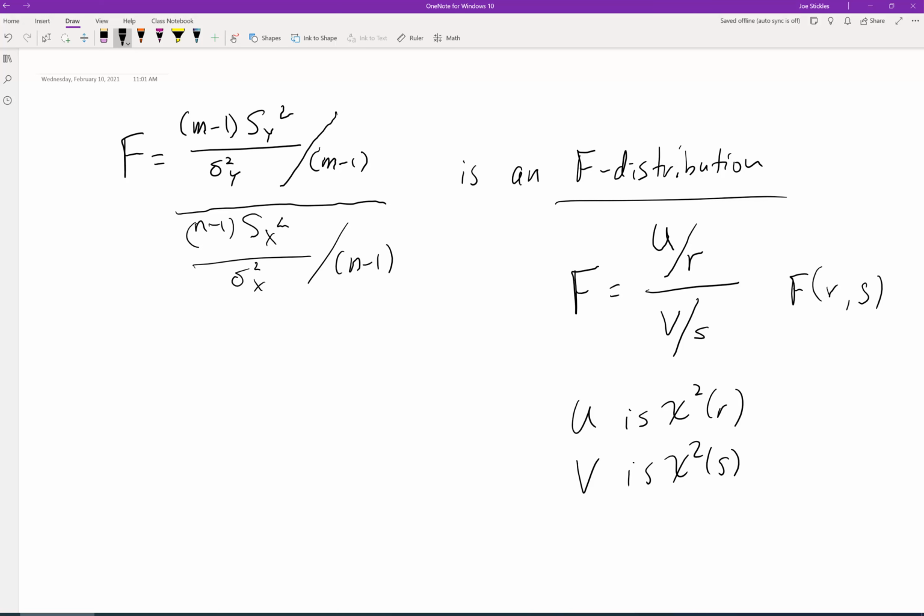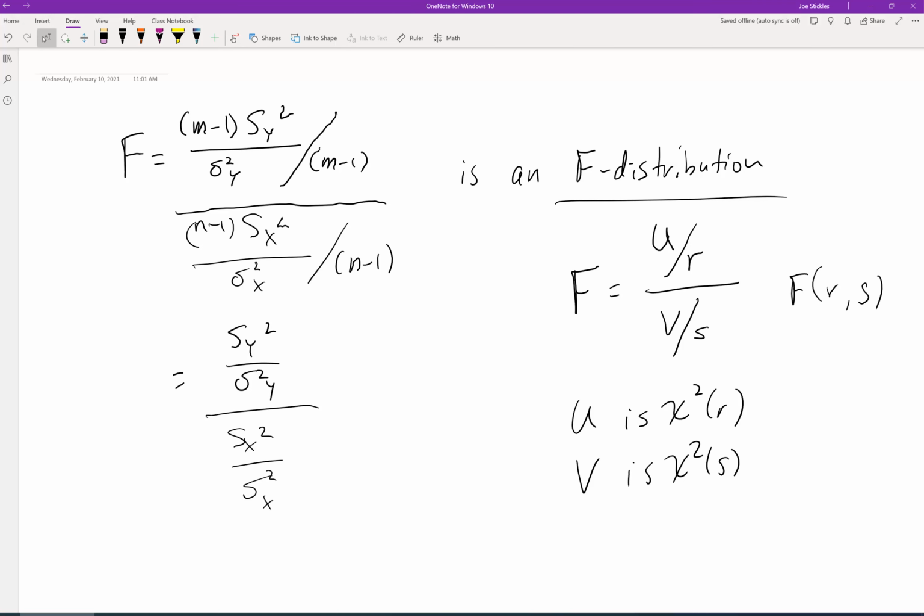All right, so notice here that our degrees of freedom cancel, right? So this becomes s_y squared over sigma squared y and s_x squared over sigma squared x. So again, we want a confidence interval for a ratio of the variances.